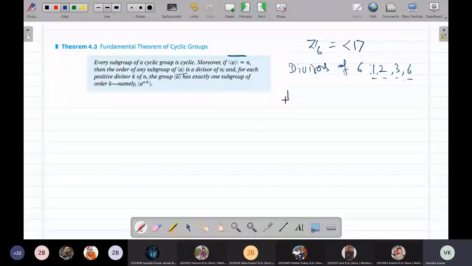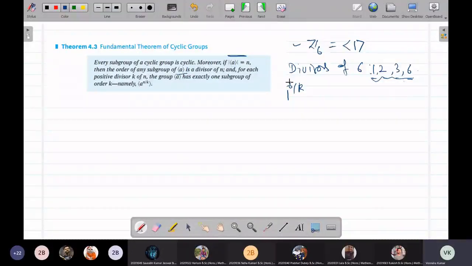Namely, because this is an additive group, we take k times 1, where n is 6. The possibilities of k are 1, 2, 3, and 6.